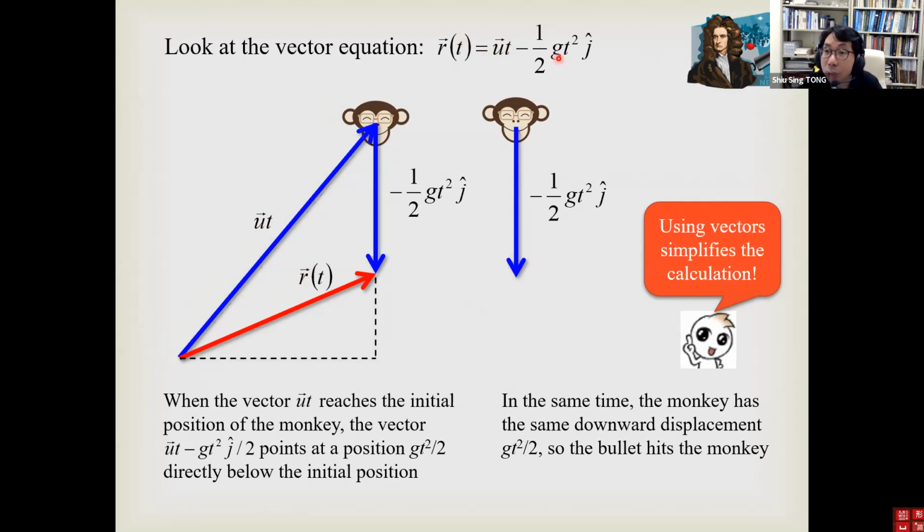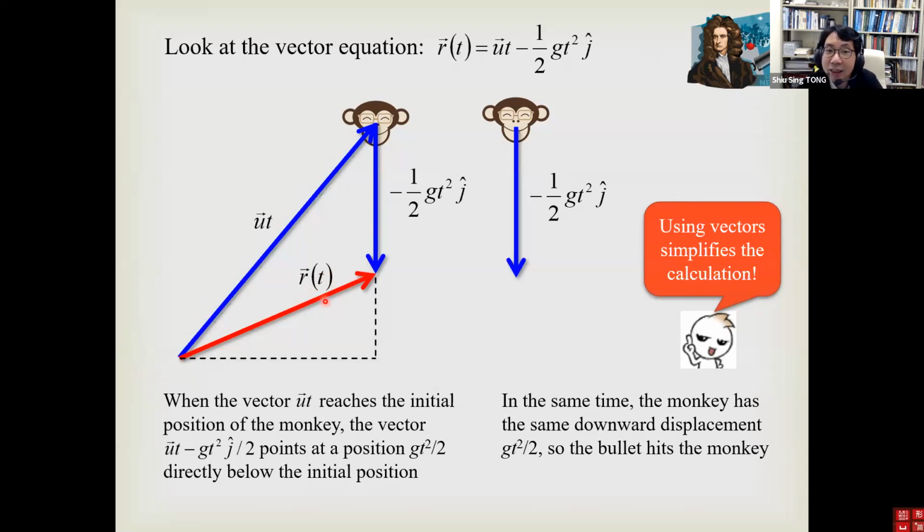But it's not the whole thing. ut is added to minus half gt squared, which is just the free fall distance in a time t. The two vectors added together give the red arrow, which is the final position of the bullet.